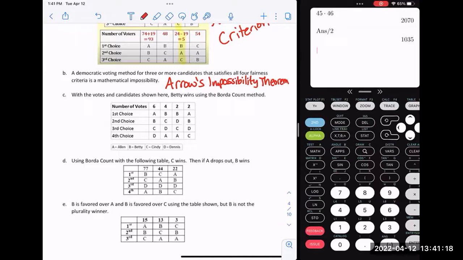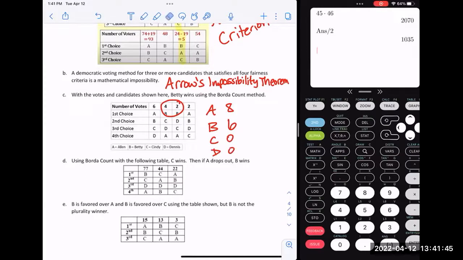So what's going on here? I think maybe it would be good to look at the first place votes. So if I look at first place votes, I can see that A would get a total of 8 first place votes. B would get a total of 4 plus 2, so that would be 6 first place votes. And then C's not getting any, and D's not getting any first place votes.